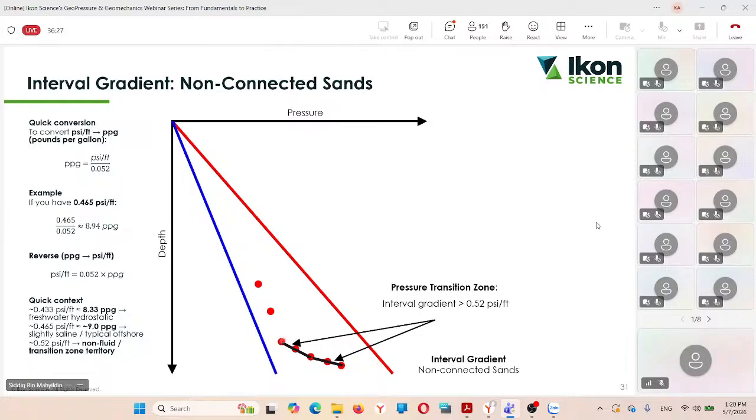You will see this pressure transition zone. It is often easy to detect because the interval gradient is higher than 0.052 psi per feet. Over geologic time, the system tries to equilibrate between these two reservoirs, but because of the impermeability, the gradient is higher than the fluid gradient. This hints that something in between is restricting the flow. It could be compartmentalization or sealing due to faulting and so on.